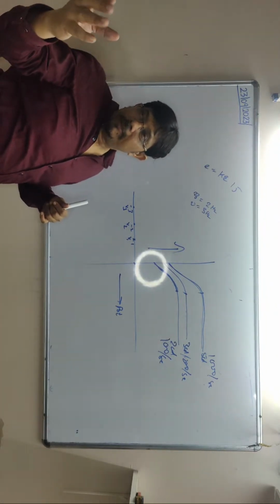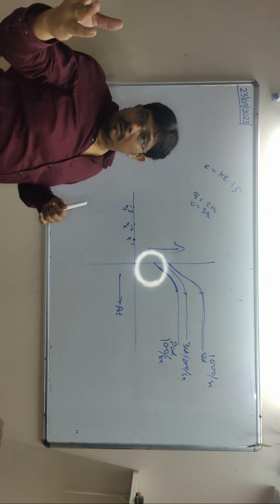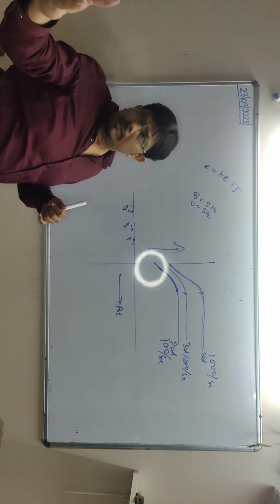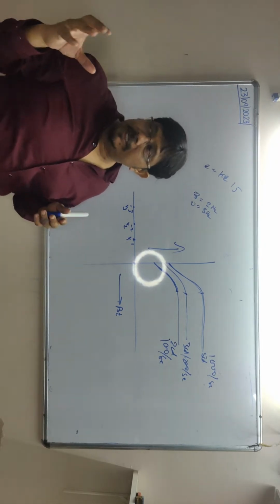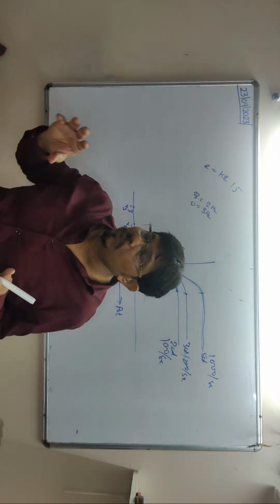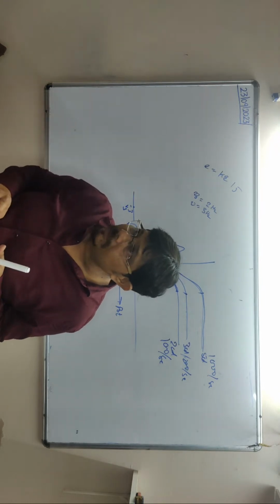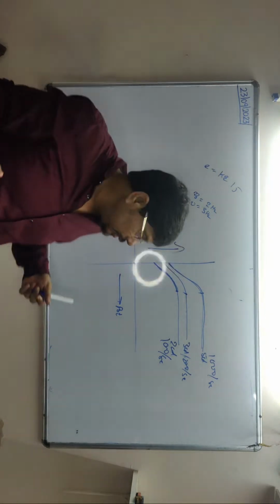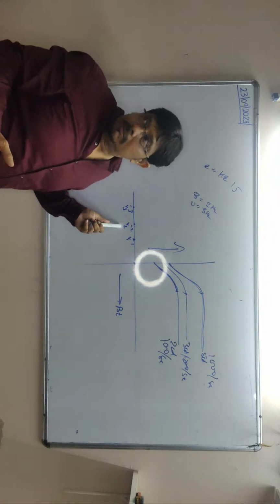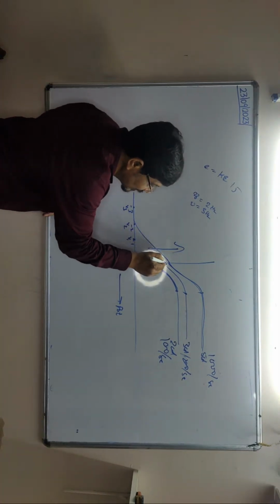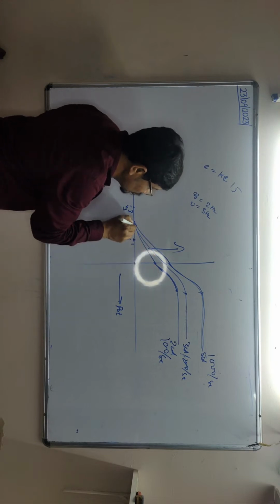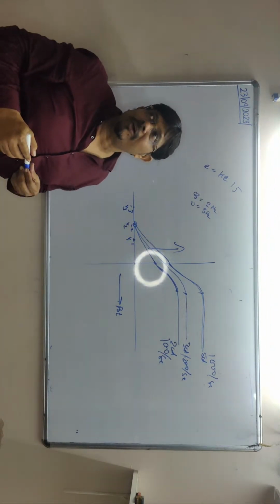You are having velocity of 10 meters per second. If 10 meters per second is the velocity, you need to apply some negative potential, maybe minus 2 volt. So all will stop at the same point. Means the stopping potential will be the same for all.